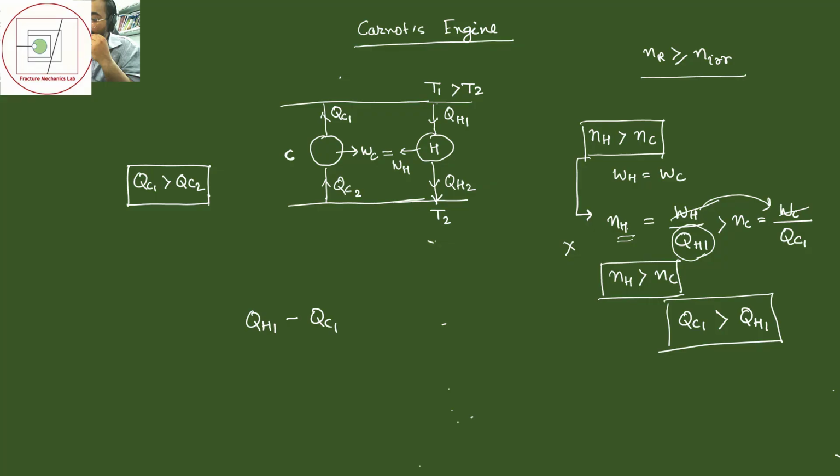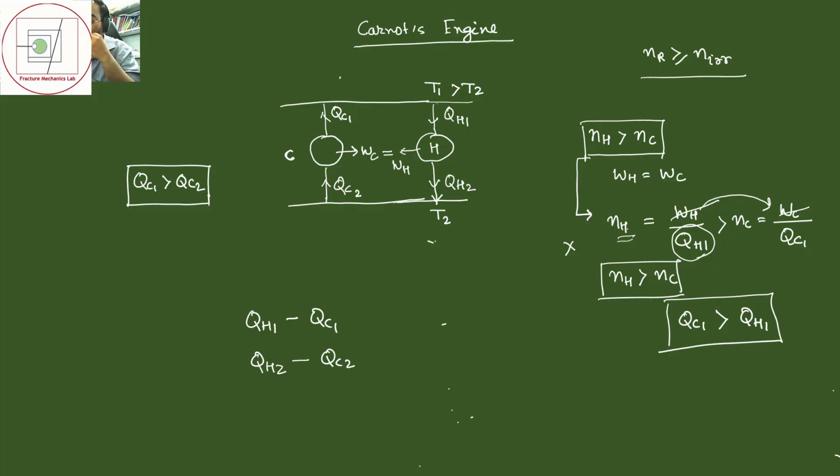The amount of heat which is given to reservoir T2 is QH2 minus QC2, right? This is the amount of heat which is being given to the system, taking from one reservoir to another reservoir. Work is being consumed. One engine is producing something which is taken by the second system.